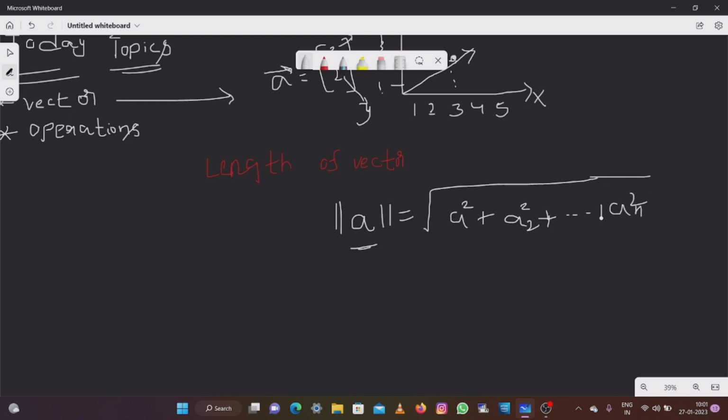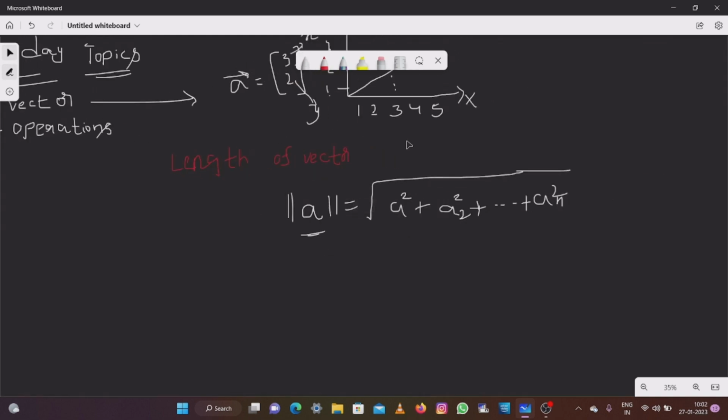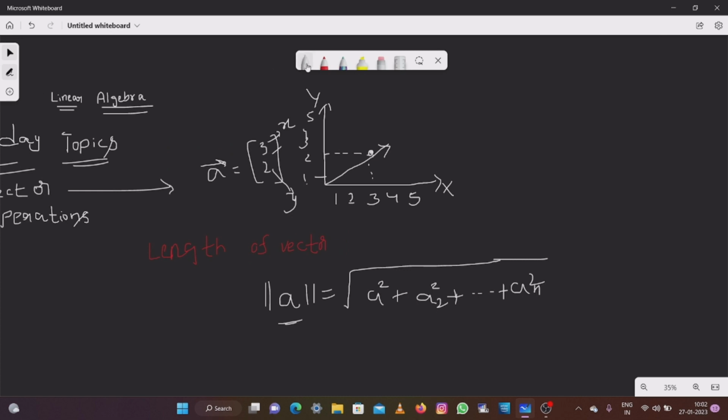So this is the formula for finding the length of an n-dimensional vector. Simply, for this case, let's see how to find the length of the vector.